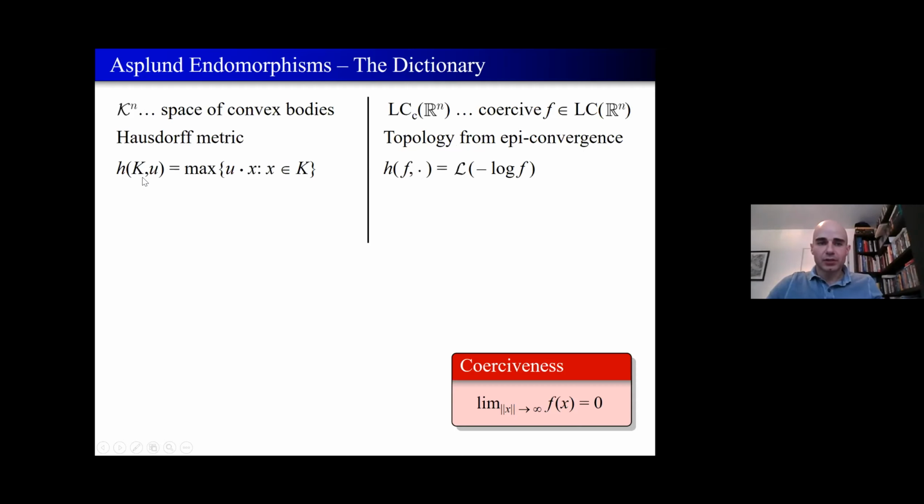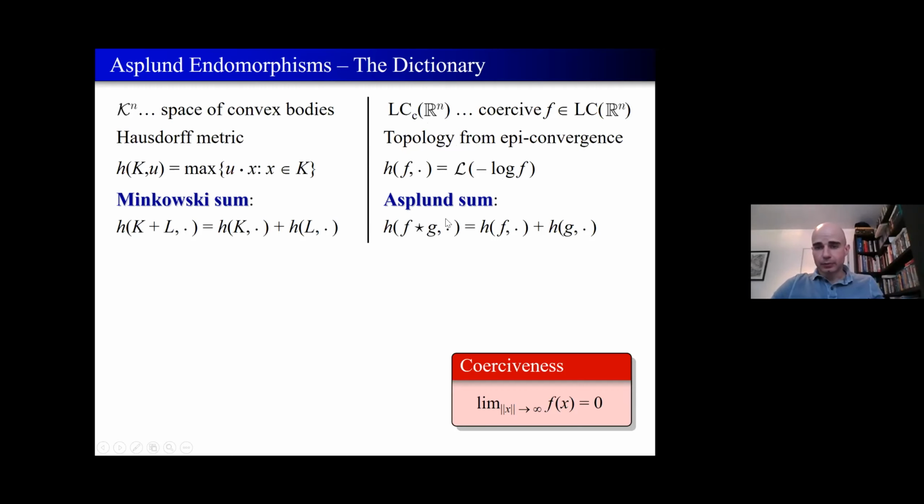We have support functions of convex bodies that determine the body uniquely. We have support functions of a log-concave function, which is a convex function that determines the log-concave function uniquely. It's the Legendre transform of minus log f. And with this help, I can very conveniently state the addition that we're using.